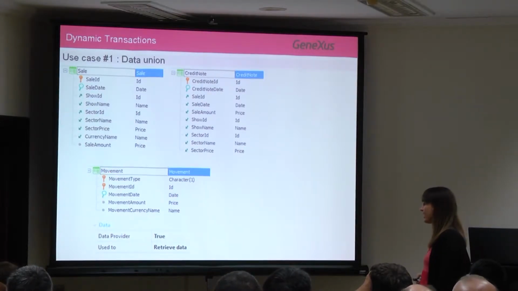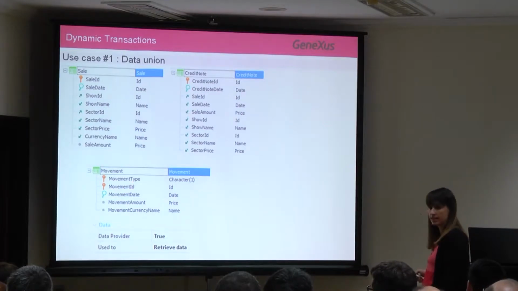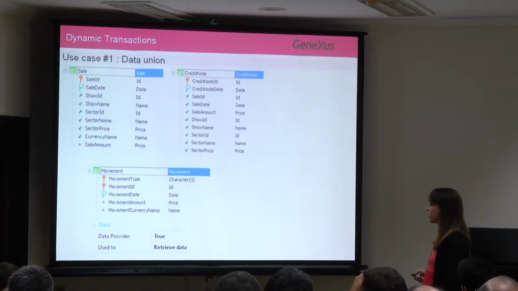which I called movement. We can see it's dynamic because it has an associated data provider to retrieve data. So GeneXus understands that it needn't create a physical table for this transaction. Just see that I have put in a composed transaction. And here I have the possibility of repeating names.